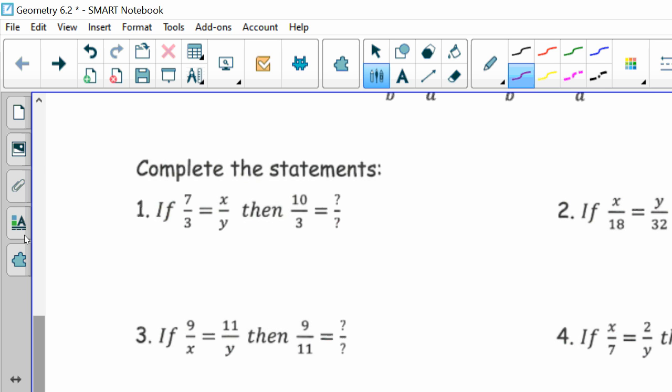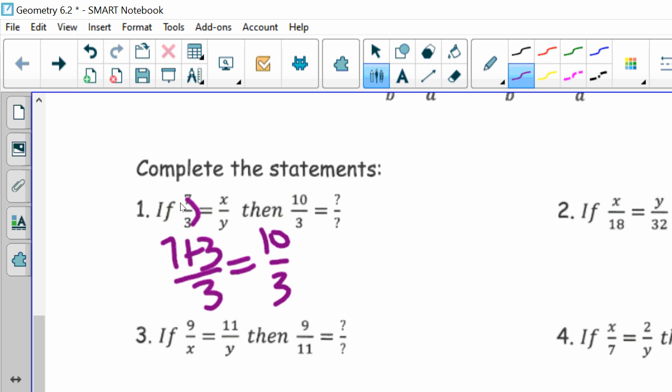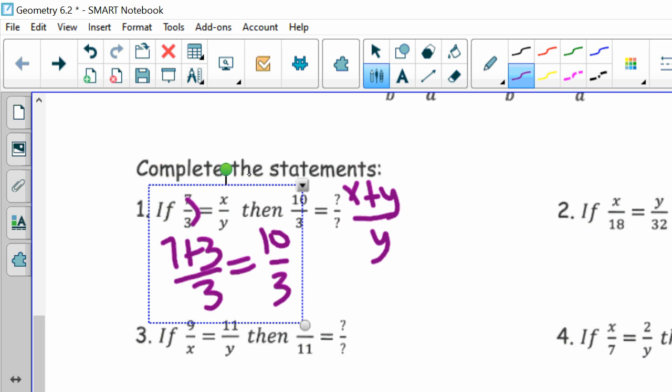If I take the last property and add the numerator and the denominator, 7 plus 3 over 3, I end up with 10 over 3. So that's what they did. They're using that last property. So 10 over 3 is going to equal, I would do the same thing with the x over y: the numerator plus the denominator, x plus y, over the denominator, y.